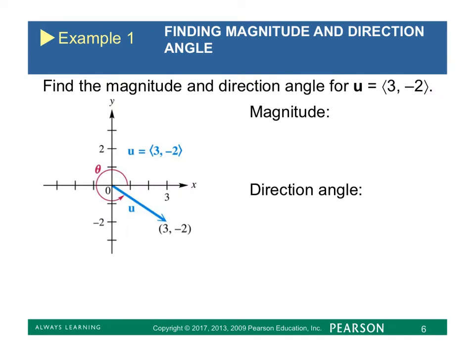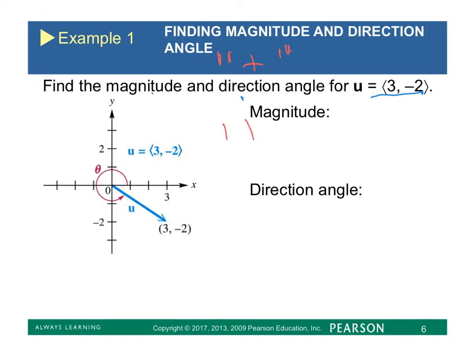Example 1: he gives us a vector, (3, -2). He wants us to find the magnitude and the direction. I will warn you, direction always has to be a positive angle. So let's see what happens when I work with this. Find the magnitude of u.